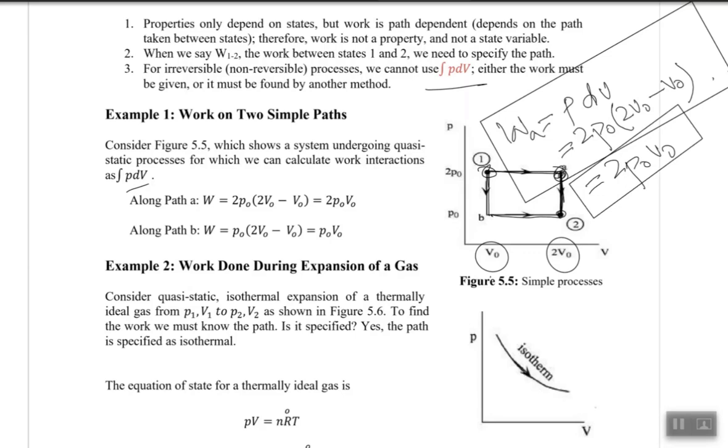Let's have another one: work done in path B, using the same equation.